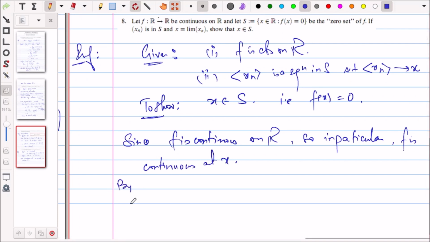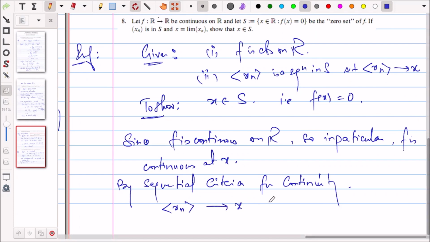Now by the sequential criterion for continuity, x_n converging to x implies f(x_n) converges to f(x), right? This is the sequential criterion for continuity: if x_n converges to c, then its corresponding sequence f(x_n) should converge to f(c). So x_n converges to x, so this implies f(x_n) converges to f(x).